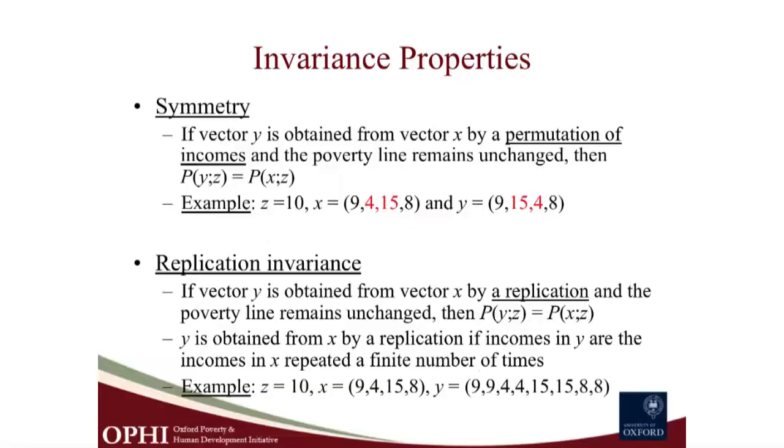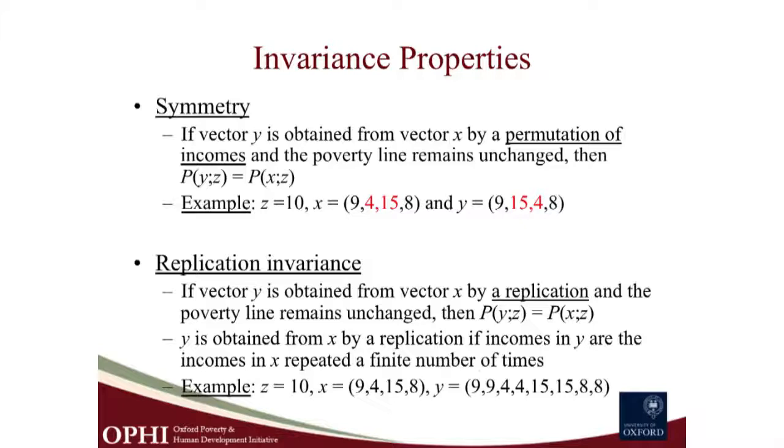The second one that is typically used is replication invariance. If a distribution is obtained from another distribution by replication, and the poverty line remains unchanged, then poverty should not change. One is obtained from another by replication if the incomes are repeated. That means you create clones.